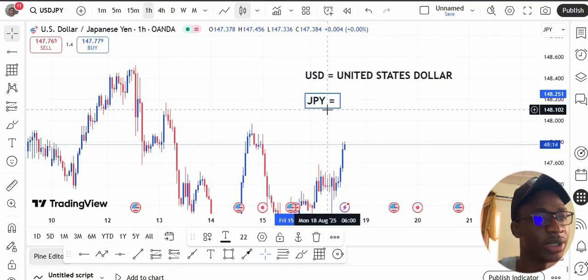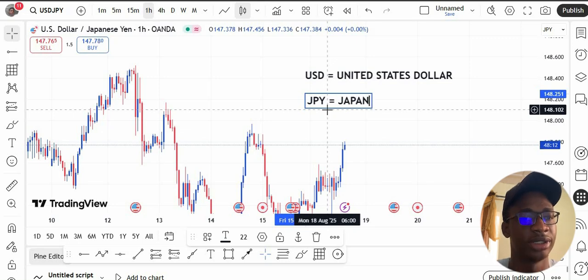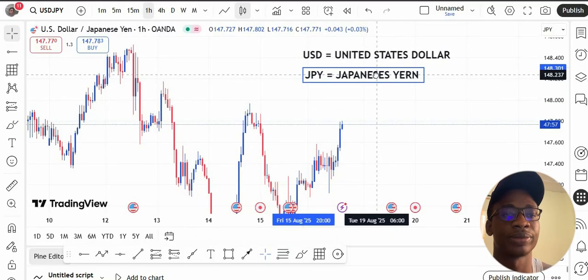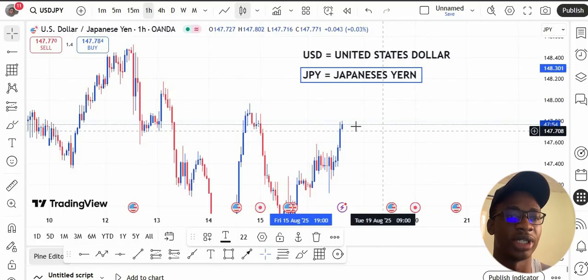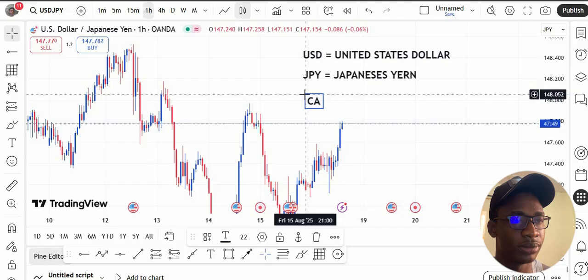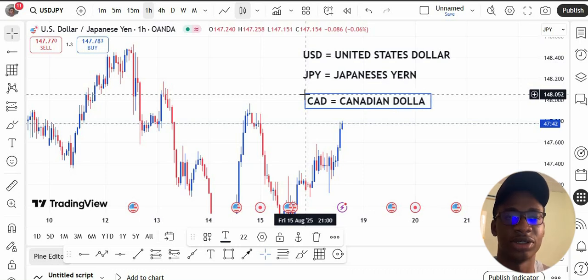Now we have JPY, which is what we have here. J is Japanese, and Y is Yen. That's JPY. Right, so we have other ones like CAD. C stands for Canadian, and D is dollar, Canadian dollar.